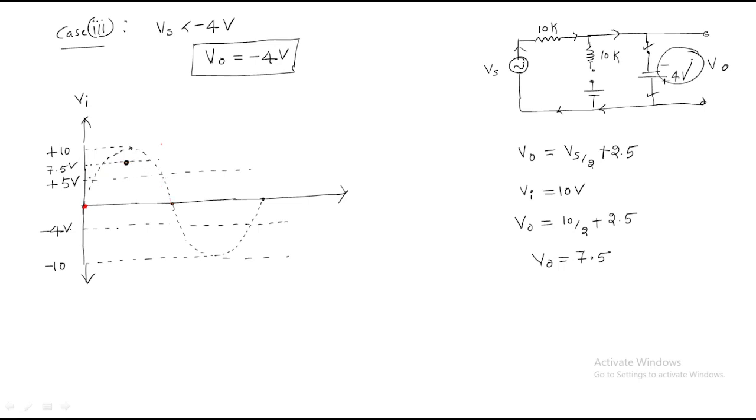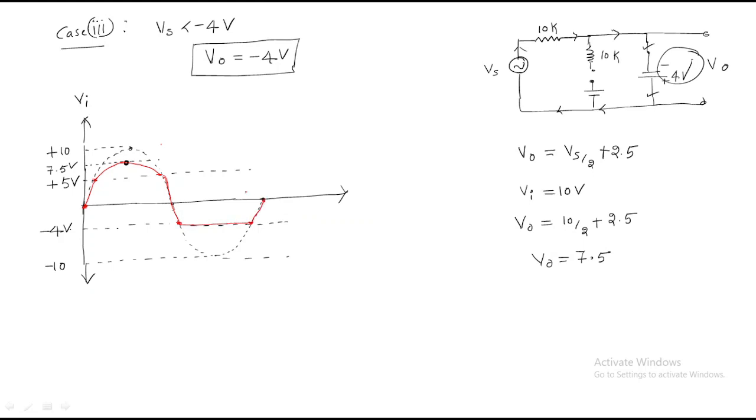So between plus 5 to 10 volts it will follow the input wave, the sinusoidal wave, right? But after 5 to minus 4 it will follow only the dotted line, right? So plus 5 to minus 4 also it will follow the same as the input, and after minus 4 volts, less than minus 4 volts, it will become the fixed minus 4 volts.